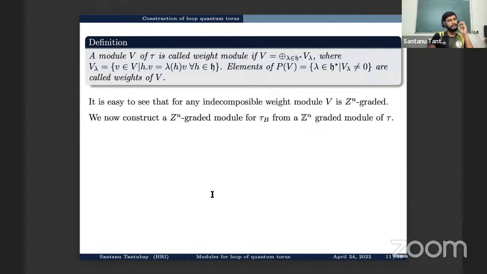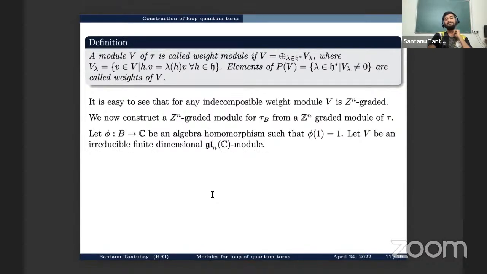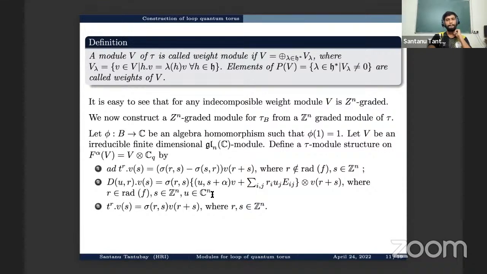We are going to construct a Zn graded module for tau tensor B from a Zn graded module of tau. Suppose phi is an algebra homomorphism from B to C such that phi of 1 is 1, and V is an irreducible finite dimensional gl_n(C) module. We define a tau module structure on F_alpha(V), which is just V tensor CQ, by the following actions.